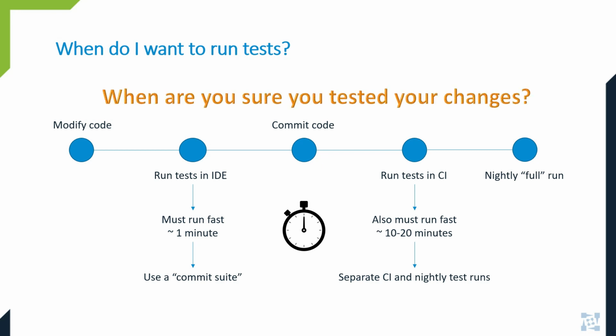So when are you sure that you tested your changes? First of all, you want to have the feedback in the IDE and in the pipeline, but you get most of the feedback after the nightly run. But that might be too late, right? It would be better to have that feedback much sooner. And that's what we look into.